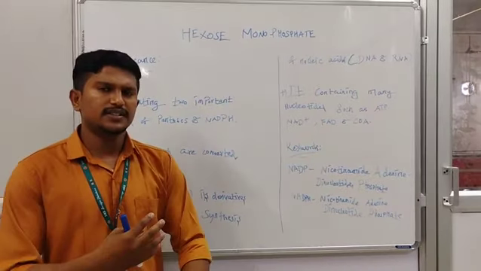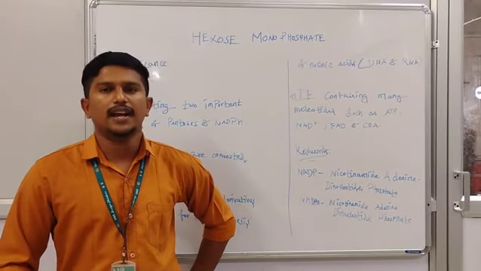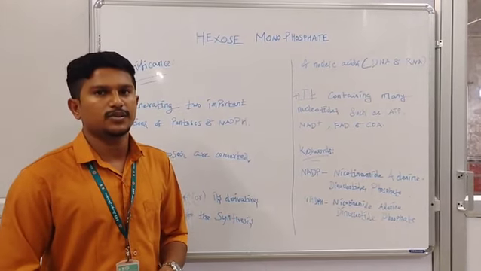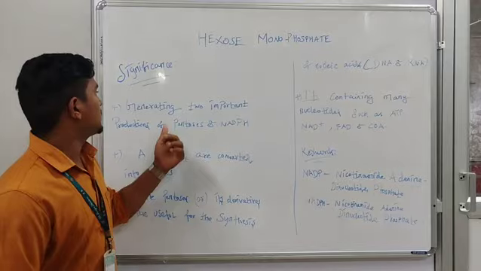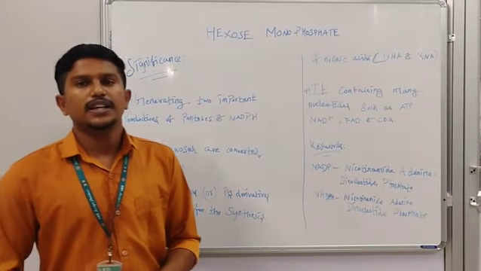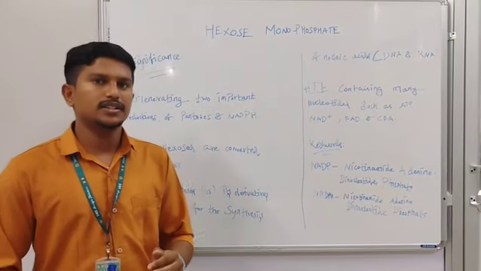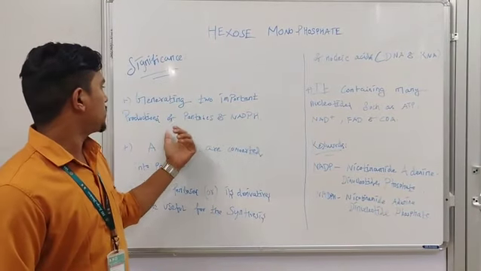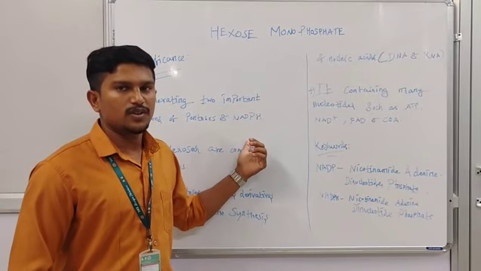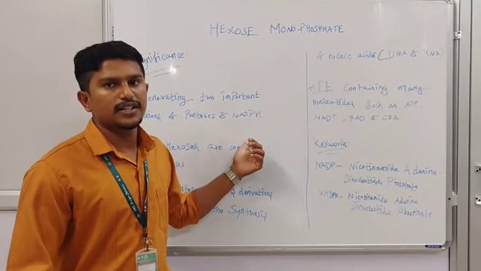Next, what is the significance that these derivatives establish in this pathway? First of all, generally the two important products are pentoses and NADPH. Pentoses are monosaccharide compounds.